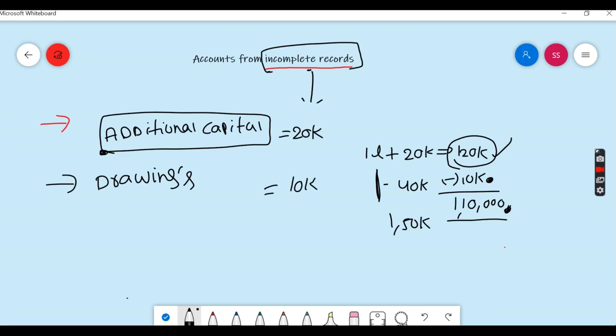So if you see, when there are drawings and when there is additional capital, it changes the profit. So we cannot simply compare the opening capital and closing capital, because there might be additional capital or drawings during the year, which might affect the profits. So we need to consider that.